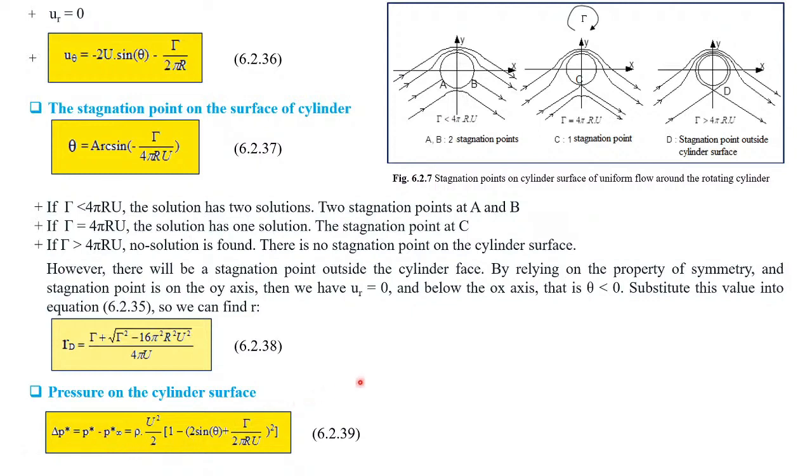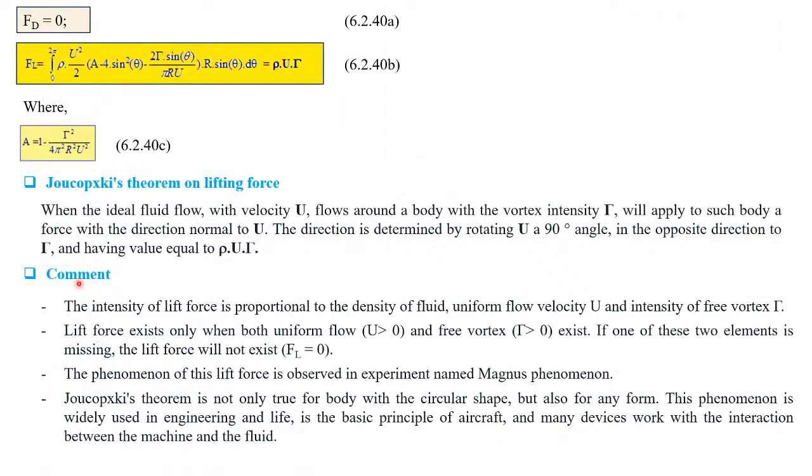But in this case, we take two components of the total force. The component when we take projection on x, we call Fd, the drag force. And if we take projection on y, we get the force we call the lift force here.